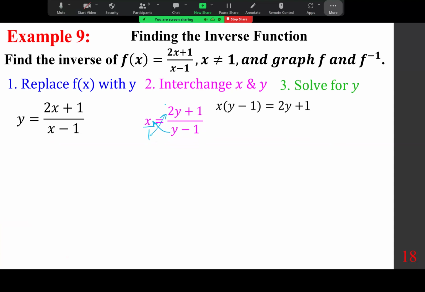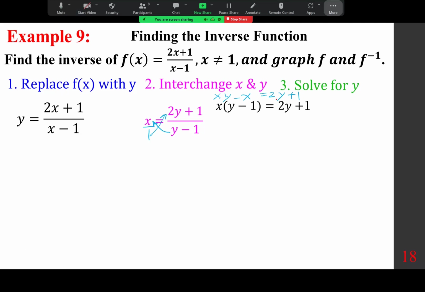And so the left side is xy minus x. Since we want to solve for y, we are going to move things around as follows.